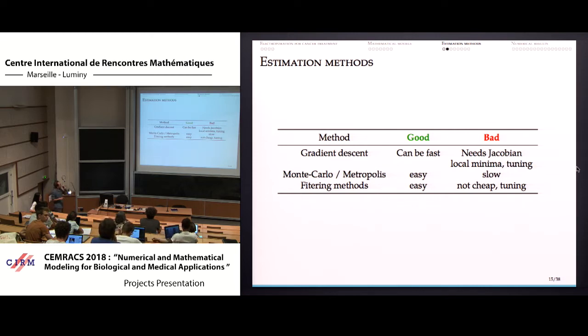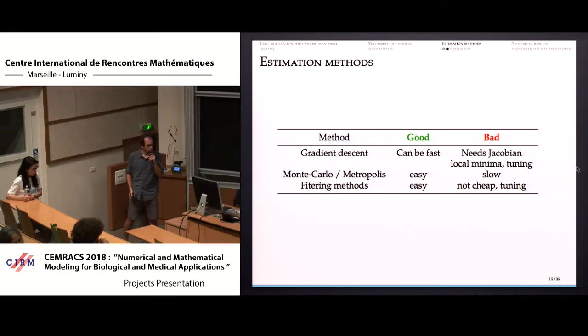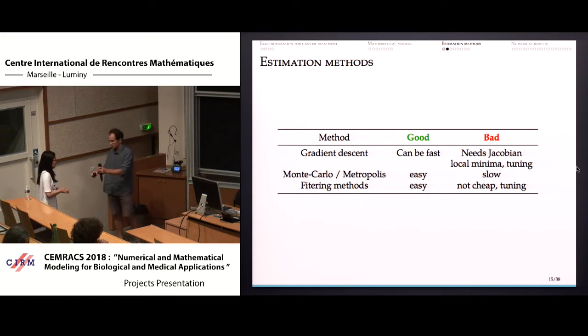It also requires some tuning, line search, etc. We don't want to do this, so we will focus on these two: the Monte Carlo method, which Thuy will present, and filtering methods, which I will talk about afterwards.